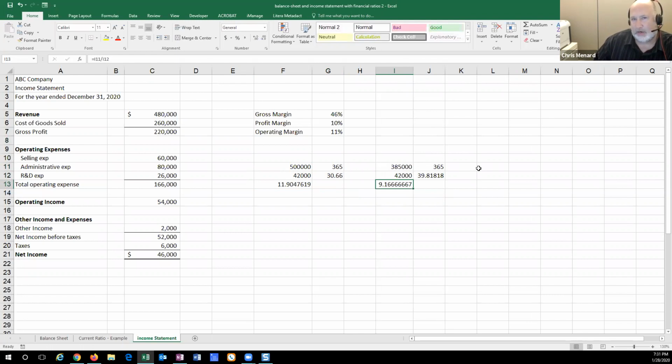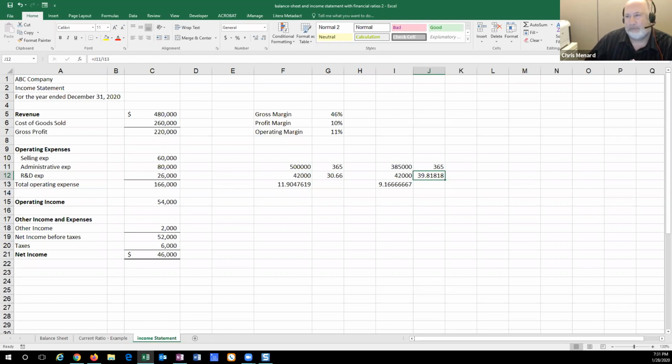I told you the higher the number in general, the better. So that means we're turning our accounts receivable over 9 times a year, 365 days divided by the 9.16. So now we're getting paid almost every 40 days, but our terms are net 30. That would be something to look at. So that's why these financial ratios are pretty cool.